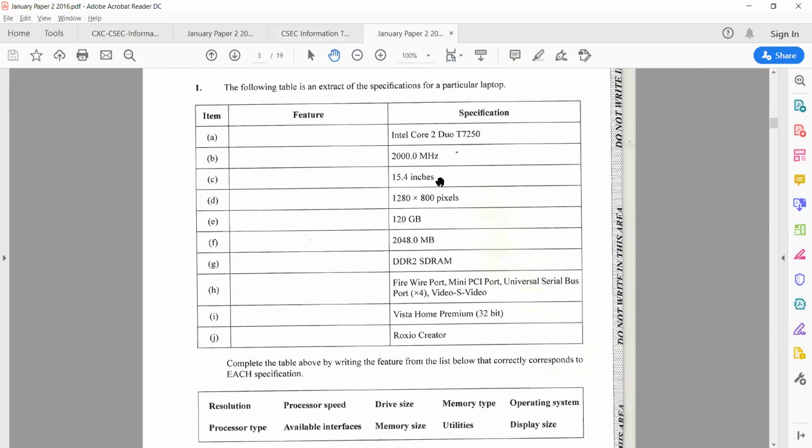All right, so I want you all to work this out and tell me what feature should be placed by each item. So for example, let's do item A. Intel Core 2 Duo.